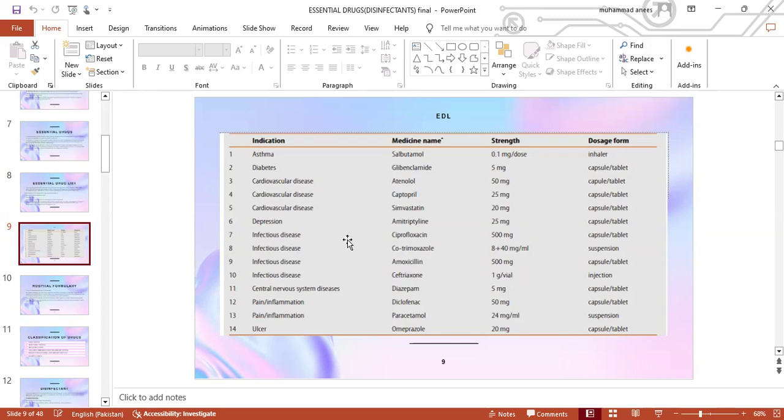For infectious diseases, ciprofloxacin, first line cotrimoxazole, amoxicillin, and ceftriaxone. For CNS disease, diazepam. For pain or inflammation, diclofenac or paracetamol, and for gastric ulcers, omeprazole. The strengths and dosage are given. So these are a few examples of essential drugs that are used for different conditions, along with their strengths and dosage forms.